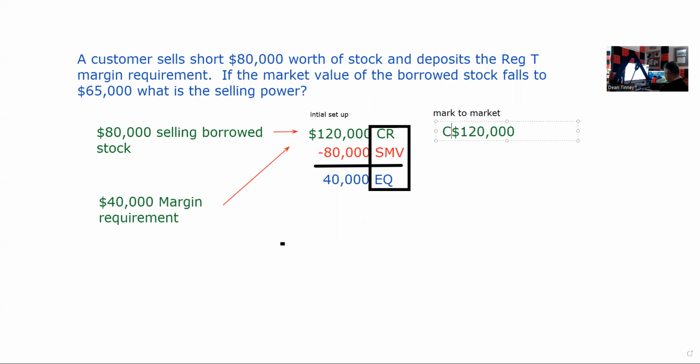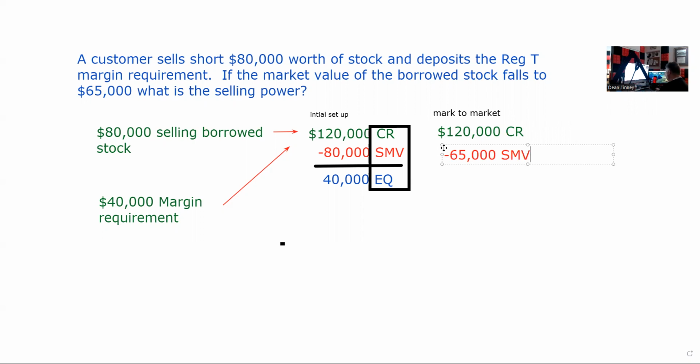And that has not changed. Now if we went into the open market and bought back the borrowed stock, nobody's suggesting you do so, but if you did, it would only cost you at this point $65,000. So you owe $65,000 worth of stock.